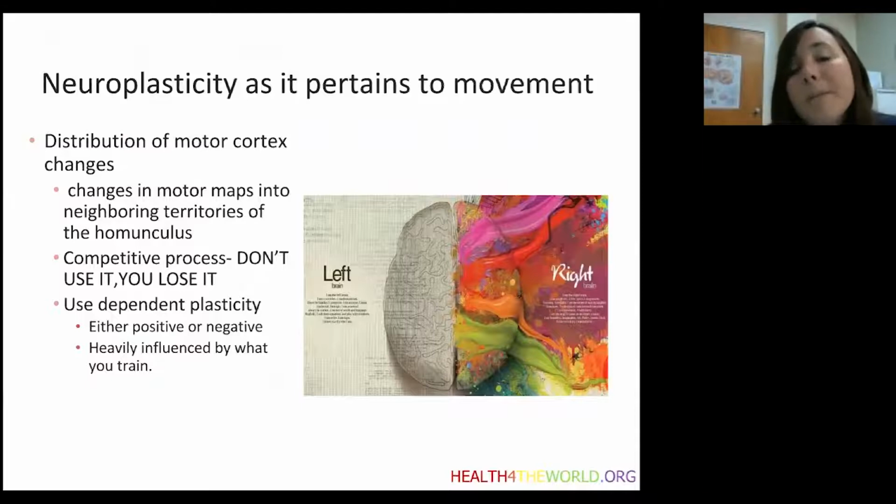So what we're able to see when we're starting to work on the neuroplasticity is that the distribution of your motor cortex does change. And those motor maps are able to actually retract or extend into neighboring territories of the homunculus. So if you can remember looking at the gentleman with that left MCA CVA, he's not able to use his hand or his arm.